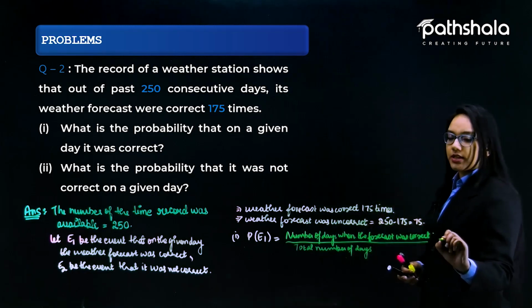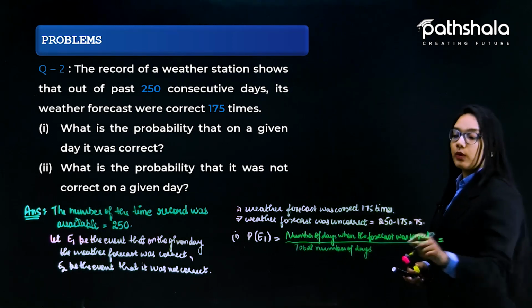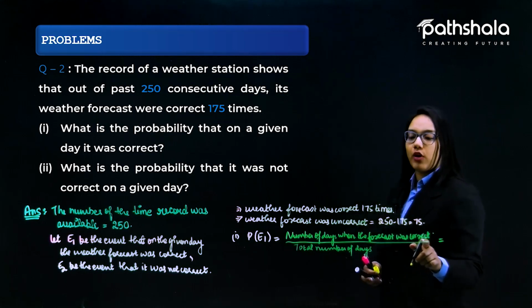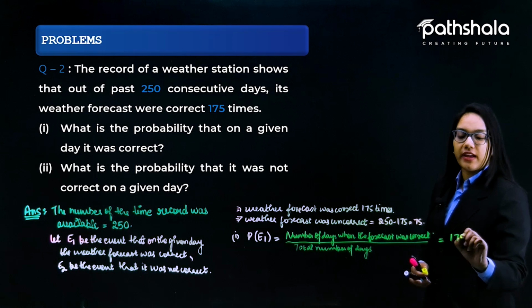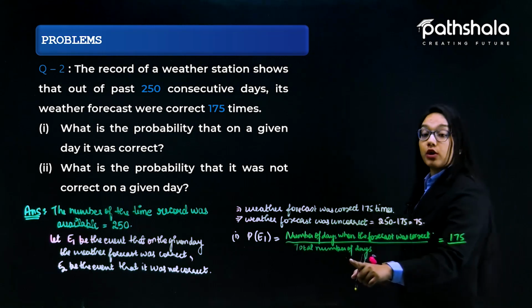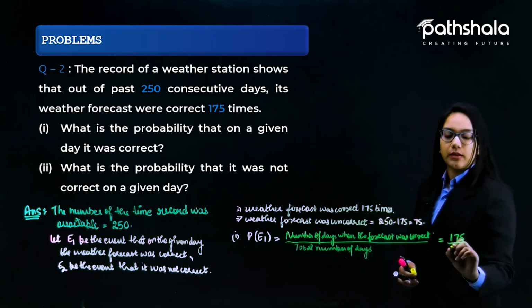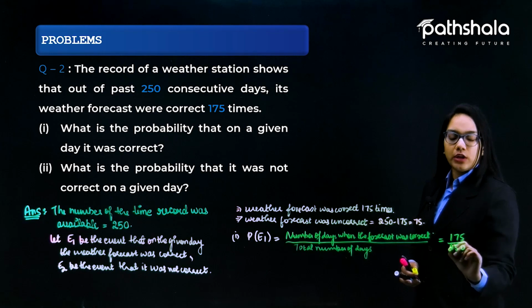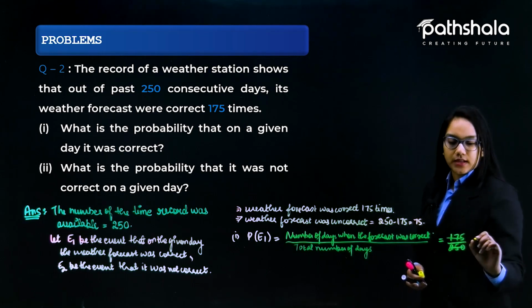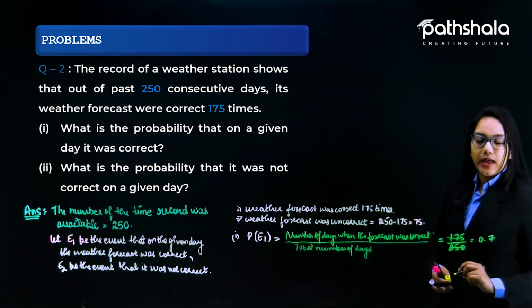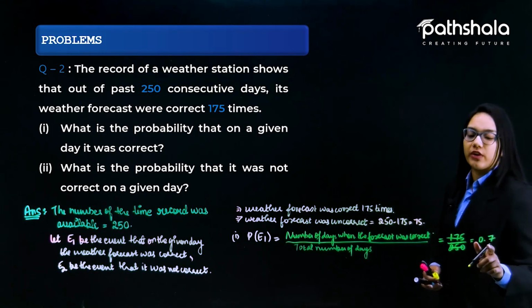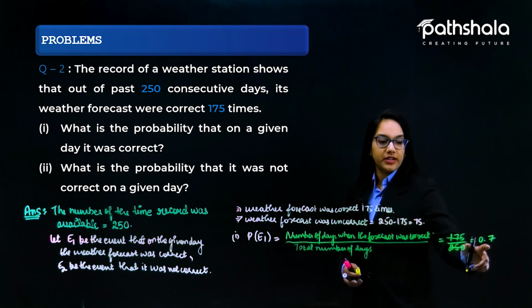The number of days when the forecast was correct is 175, divided by the total number of days, which is 250. When you solve it, you get the answer as 0.7. Let us take an approximate value here, so this would be 0.7.